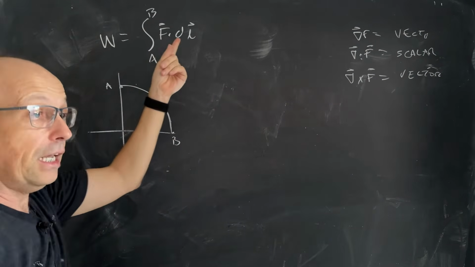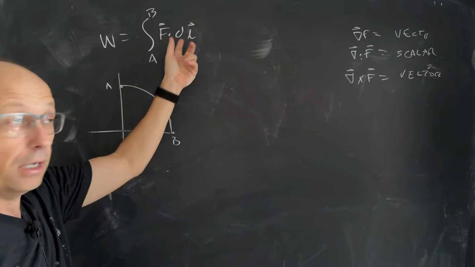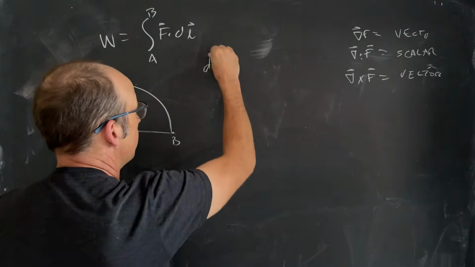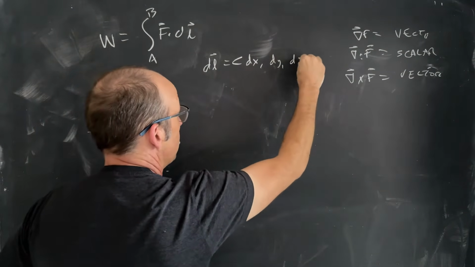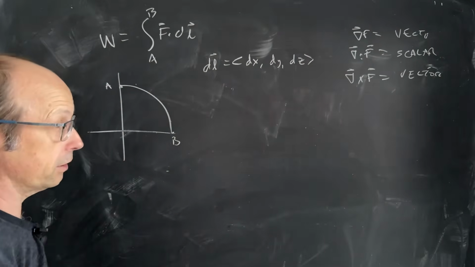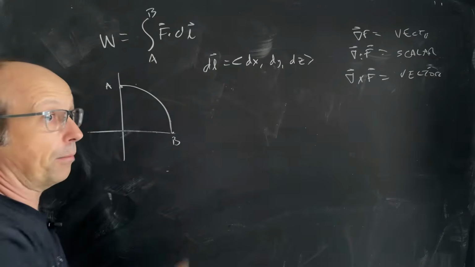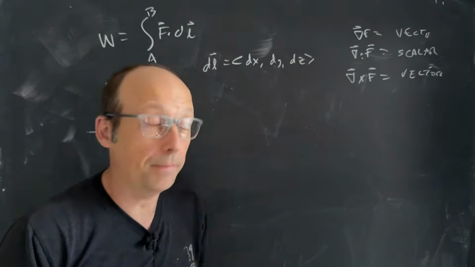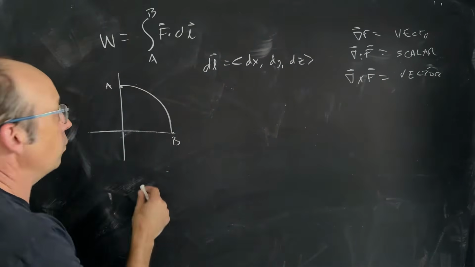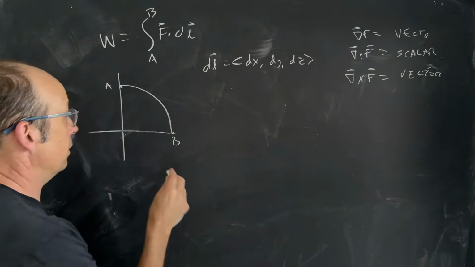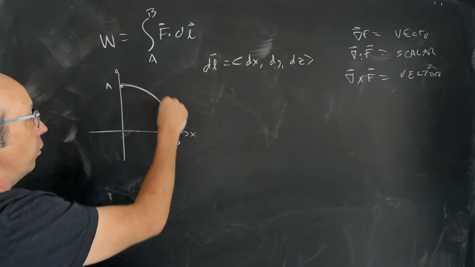The first thing is, in Cartesian coordinates, this path length, dl, is always going to be the vector dx, dy, dz. Now, that's not true in other coordinate systems, but in Cartesian coordinates it is. So if I have a vector function f, I can take the dot product, and I'll get 3 terms, right? So you could get 3 integrals. Now, suppose I have this as the xy plane, and I want to go along that path.